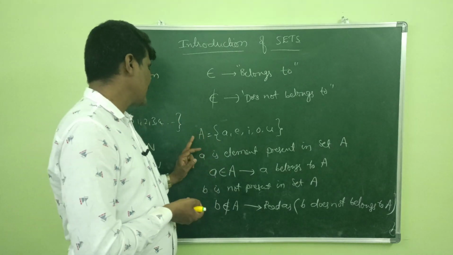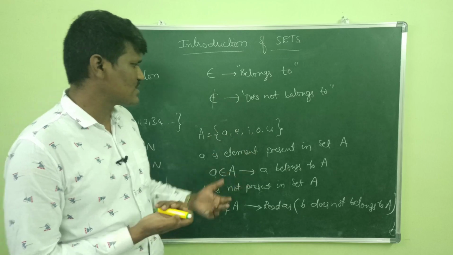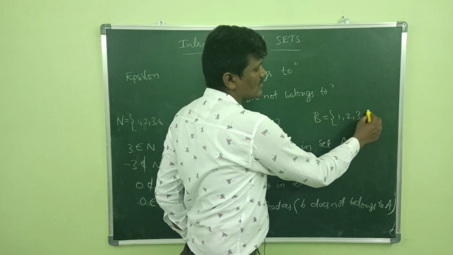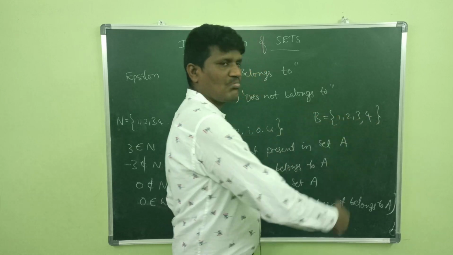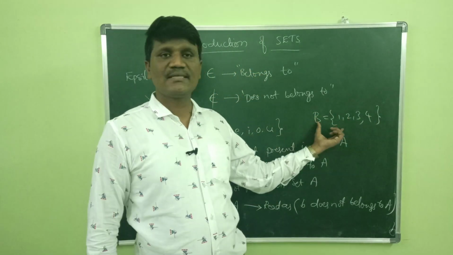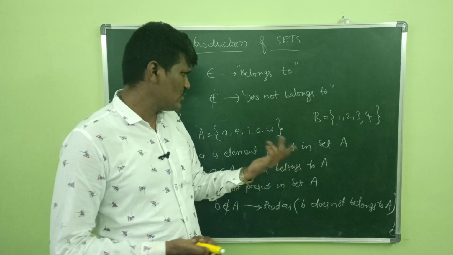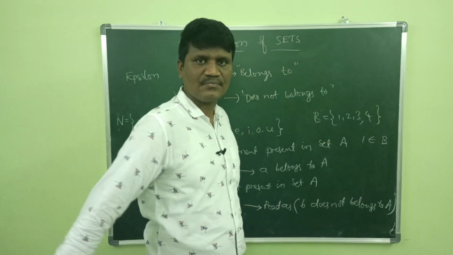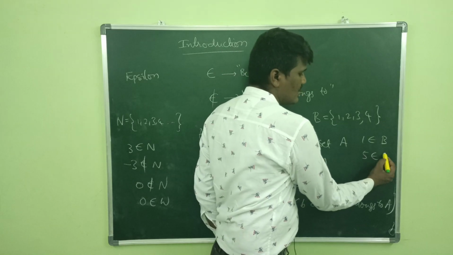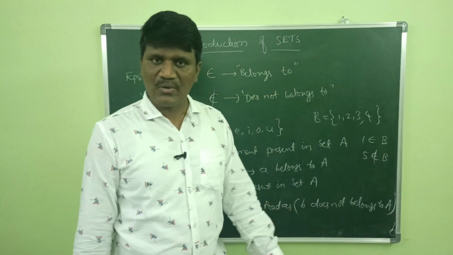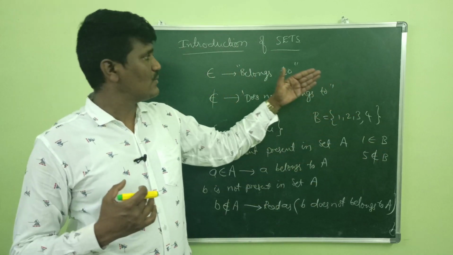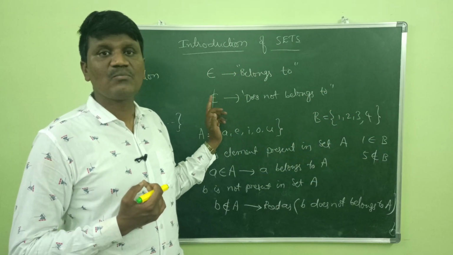Generally we denote it capital A. Suppose if I want to write B is equal to {1, 2, 3, 4}, it is one more set. A is one set, B is one more set. Suppose I ask whether 1 belongs to B, yes. Whether 5 belongs to B, no, 5 does not belong to B. So this is about writing the symbols belongs to and does not belong to.